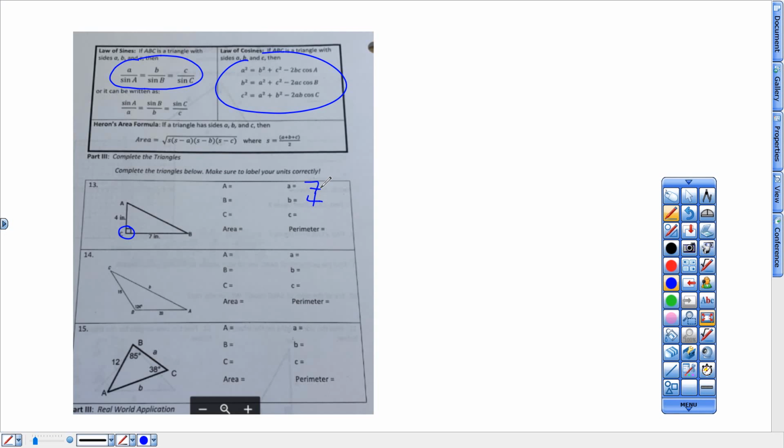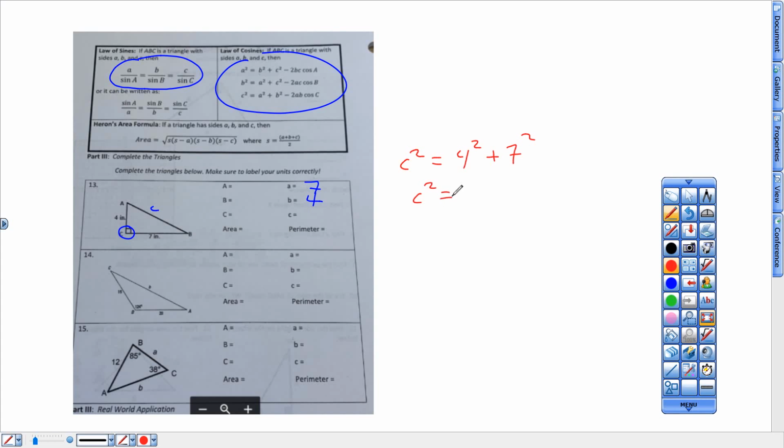For this one, to find your little C length right here, you're going to use the Pythagorean Theorem. I know the bottom piece is 7. I know that top piece is 4. To find that C piece, I do it like this. C squared equals 4 squared plus 7 squared.